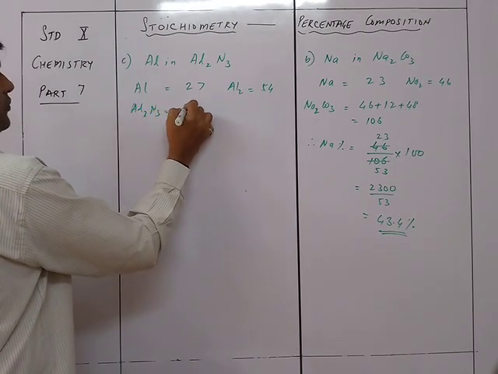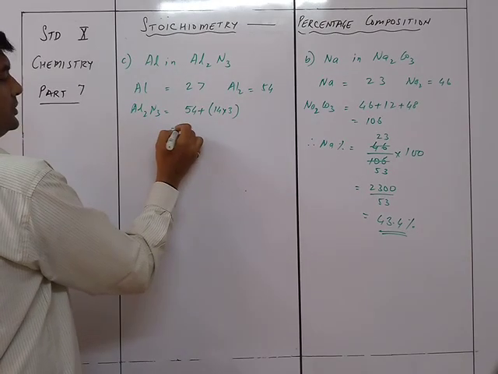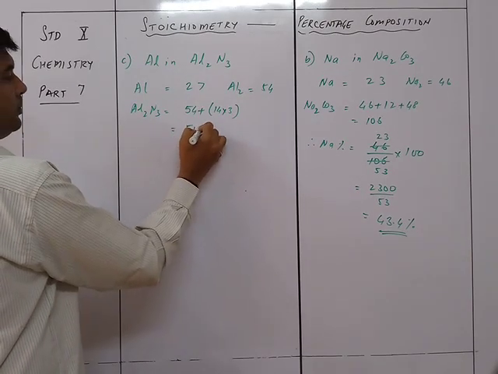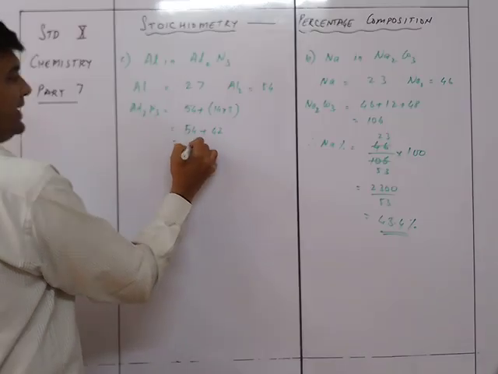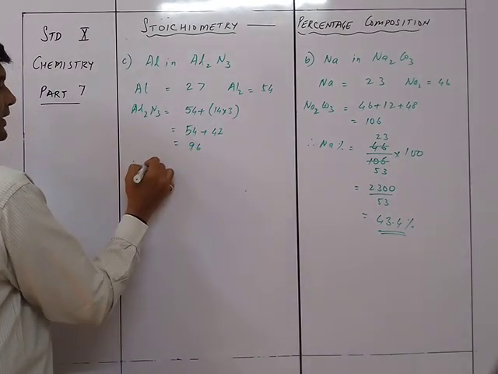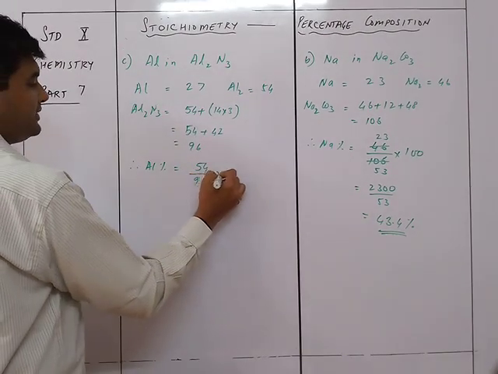Al2N3 will be equal to 54 plus 14 into 3. So that is 54 plus 42, that is 96. Therefore, Al percent is equal to 54 upon 96 into 100.